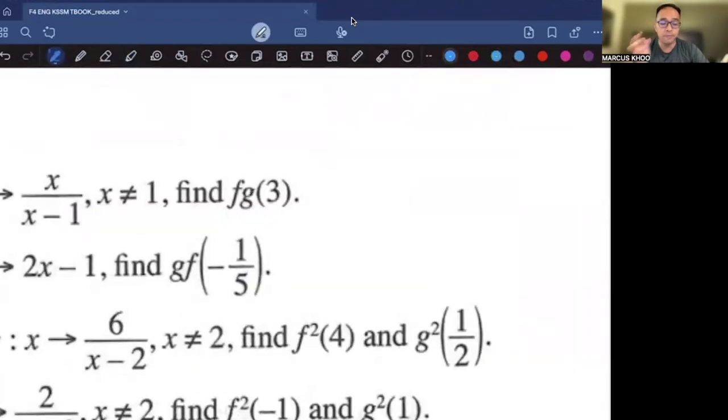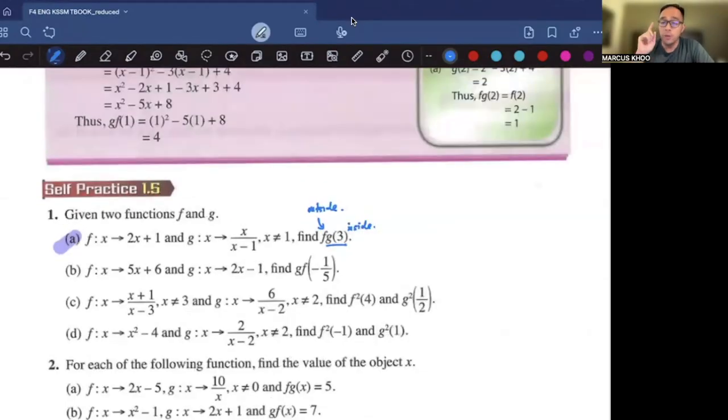Remember in the previous video, this is the inside function and this is the outside. For the first example only, I'm going to give you both ways. After that, for b, c, d onwards, I'm just going to do it one way, which is my preferred way. But if you want to do the second way, it's also totally fine.